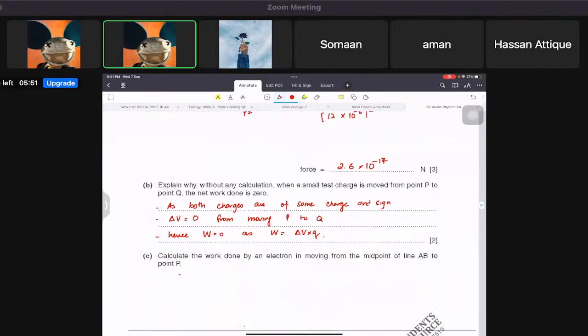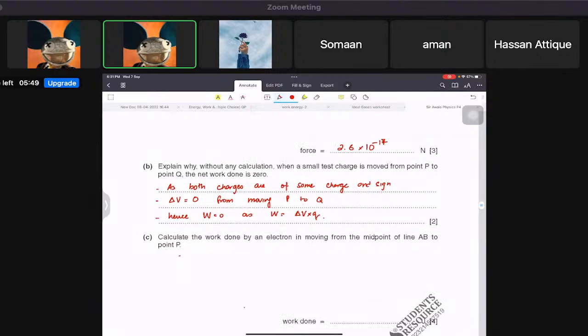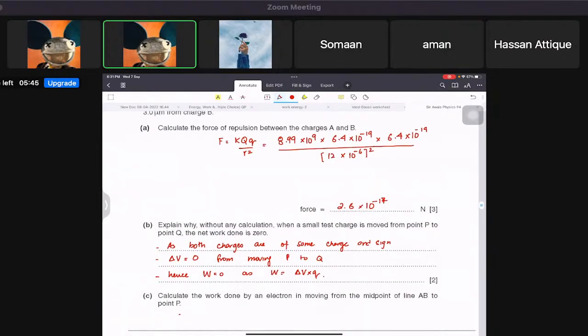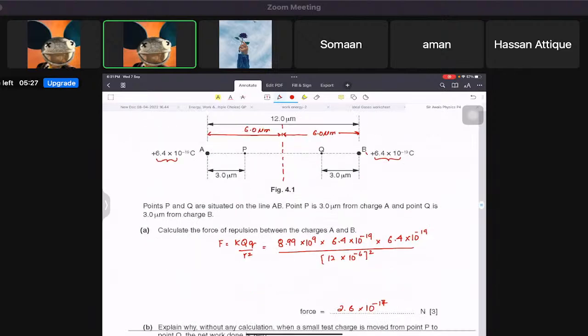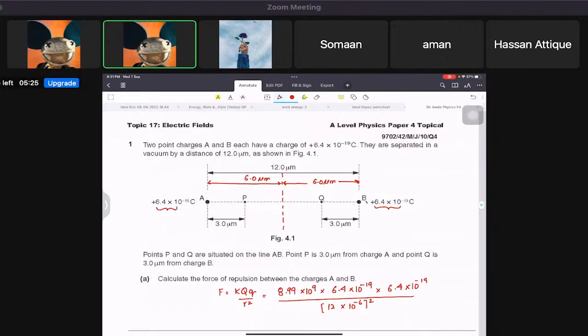Now they say calculate the work done for an electron moving from the midpoint of line AB to point P. The midpoint would be 6.0 micrometer from here and 6.0 micrometer from here, and it wants us to move from this to P, and the charge is an electron, which is this.